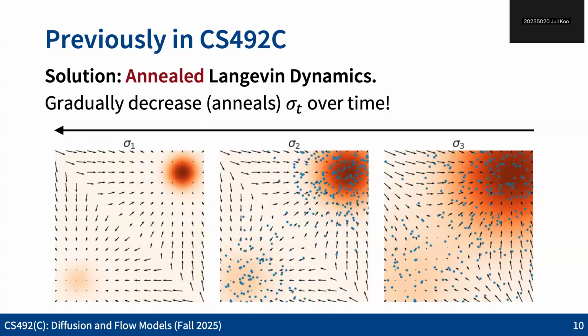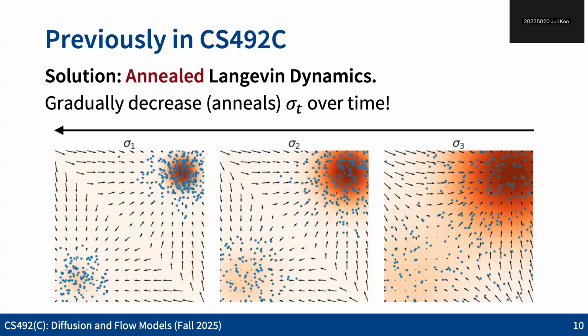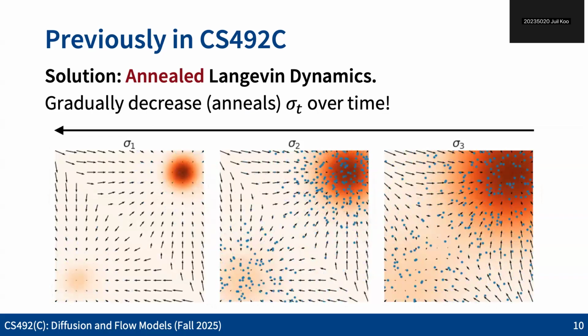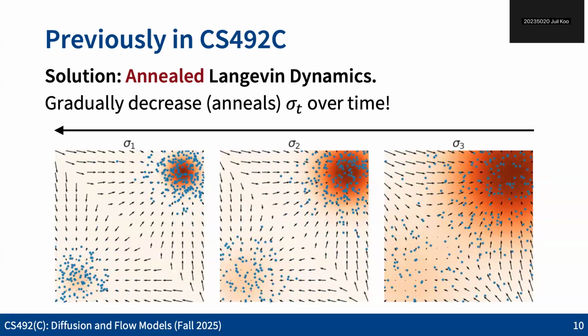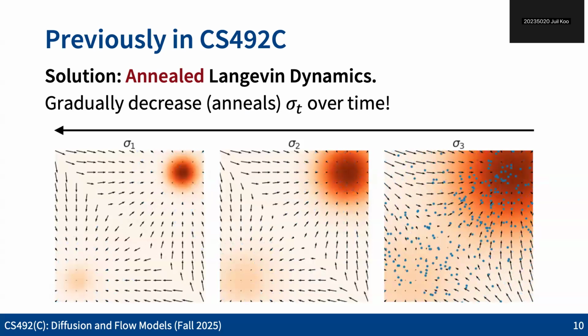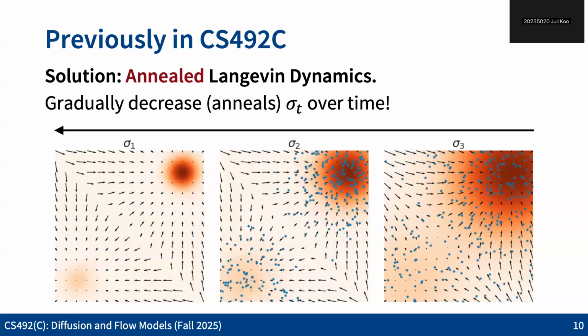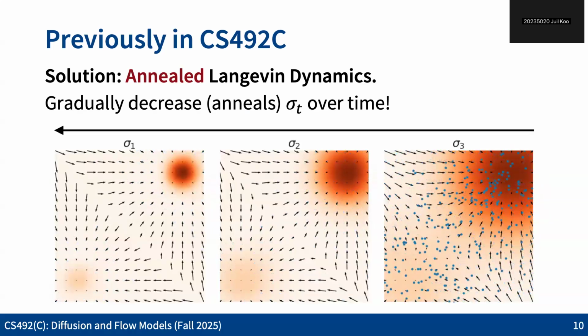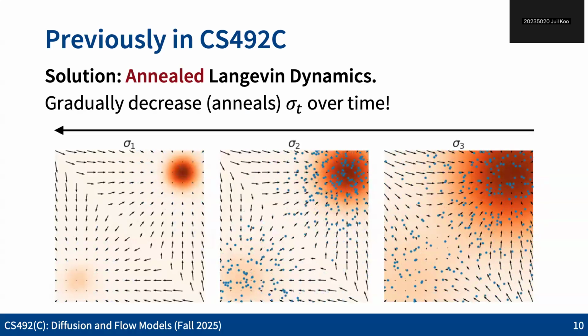And as the particles get closer to the highly concentrated regions, we decrease the variance, so now we get a more accurate score in these regions, in a way that we can get more accurate samples in the highly concentrated regions. So that's the basic motivation of annealed Langevin dynamics.